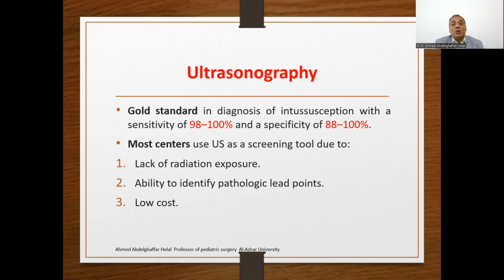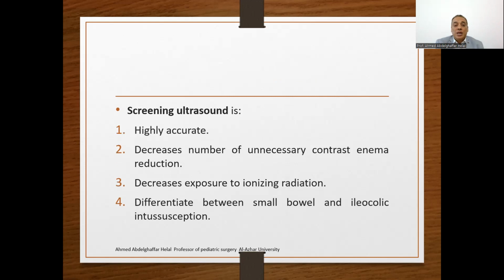However, ultrasound is operator dependent and needs expertise. Screening ultrasound in the hands of an expert is highly accurate, decreases the number of unnecessary contrast enema reductions, decreases exposure to ionizing radiation, and differentiates between small bowel, ileoileal, and ileocolic intussusception.